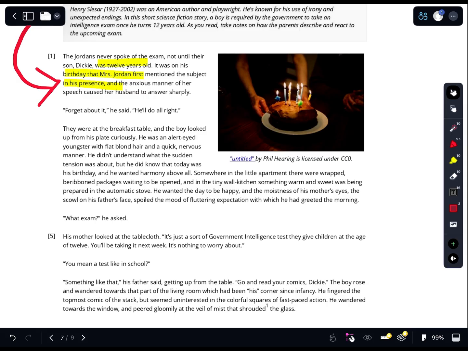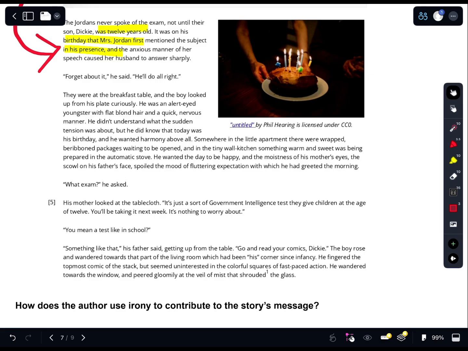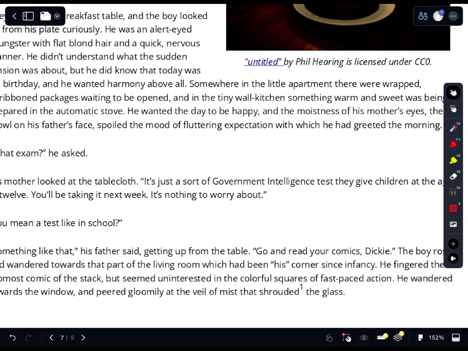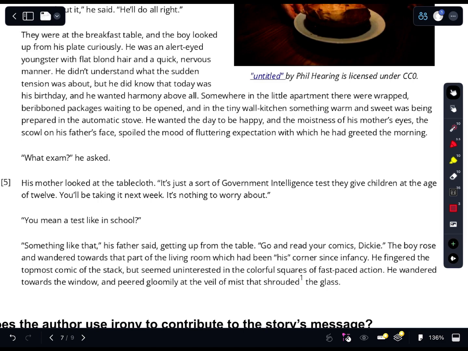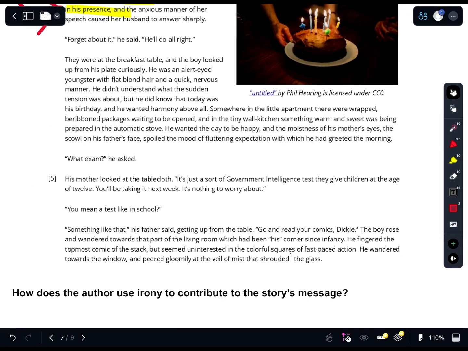And so you think, okay, well, that's weird. His intelligence is too high. And then they say, how would you like the body to be buried? And so we learn at the end that it was an intelligence test, and that in this setting, the government removes the people, kills the people who are above a certain intelligence level for some reason.